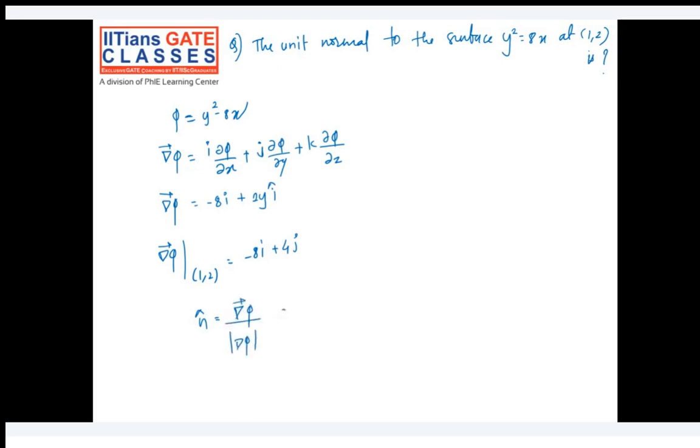That is minus 8i plus 4j divided by the square root of 8 square, which is 64, plus 4 square, which is 16. So it is minus 8i plus 4j divided by root 80.